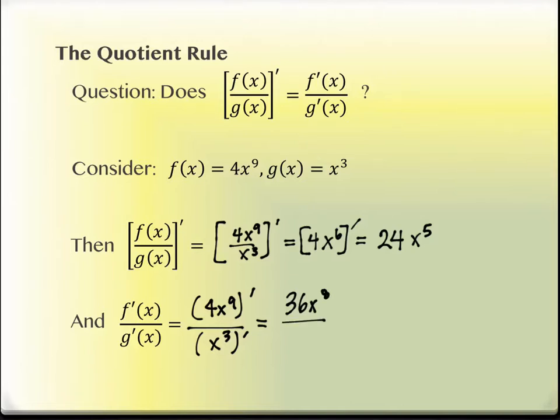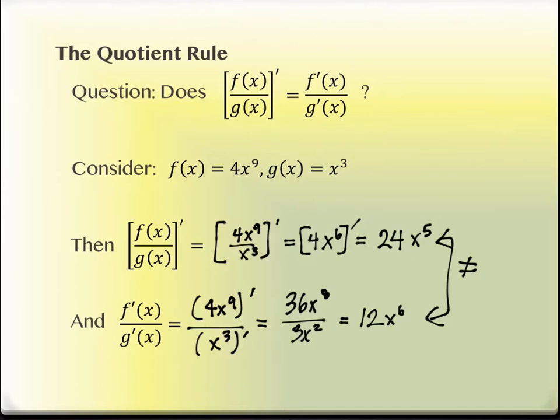And the derivative of x cubed, we've seen a couple of times, to be 3x squared. 36 divided by 3 is 12. x to the 8th divided by x squared is x to the 6th. And again, no, it doesn't work. I can't do the individual pieces and then just mush them back together in a division problem.